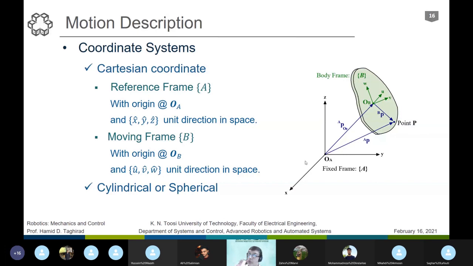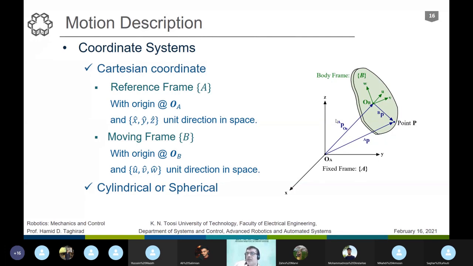Of course, the fixed frame is also moving because the whole Earth and whole universe is moving, but considering that, we can consider this as quite fixed in terms of the representation that we have, and this is moving with the object. And then we can have some sort of motion between these two. This motion could be a linear motion, could be an angular motion that we represent in the next slide.